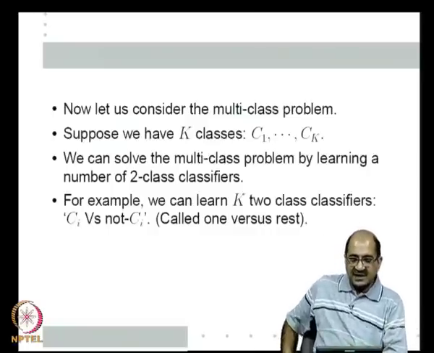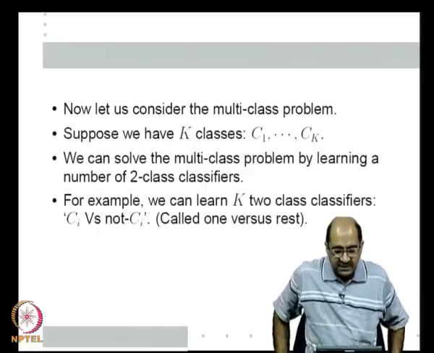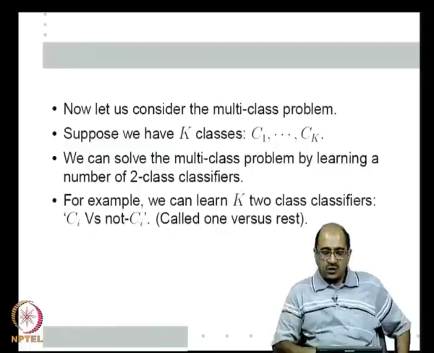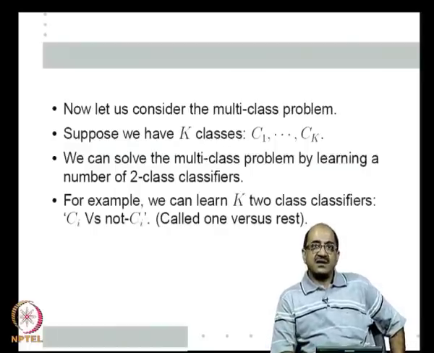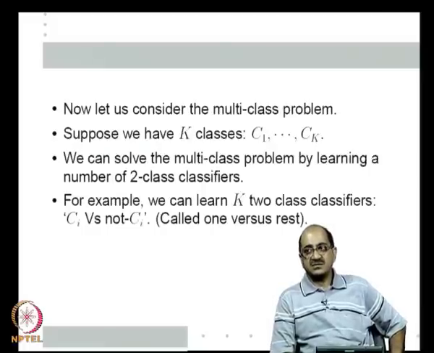So, the ith classifier learns to classify Ci versus not Ci. What do I mean by that? I have the training data of the k class case. I take all the data, all the x i that belong to a particular class, say C1, as one class, and all the rest of the data as another class.